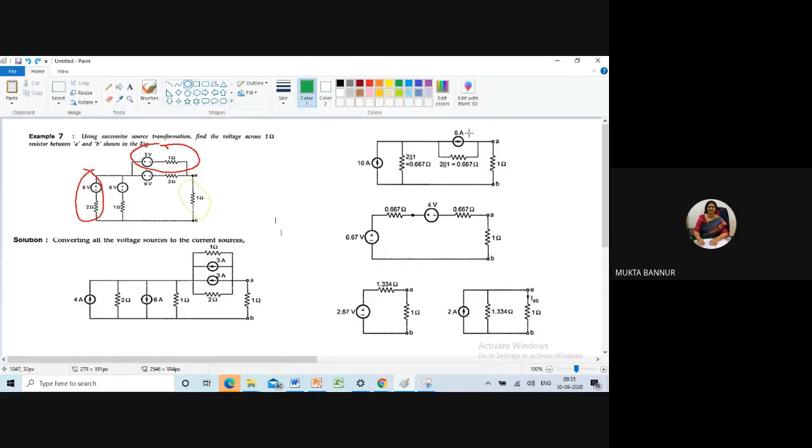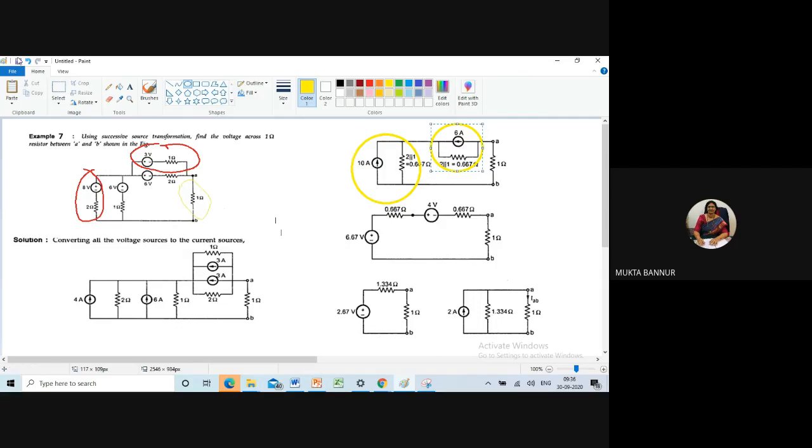Now, you need to convert them so as to reduce the complexity of the network. These two current sources need to be transformed into voltage sources.